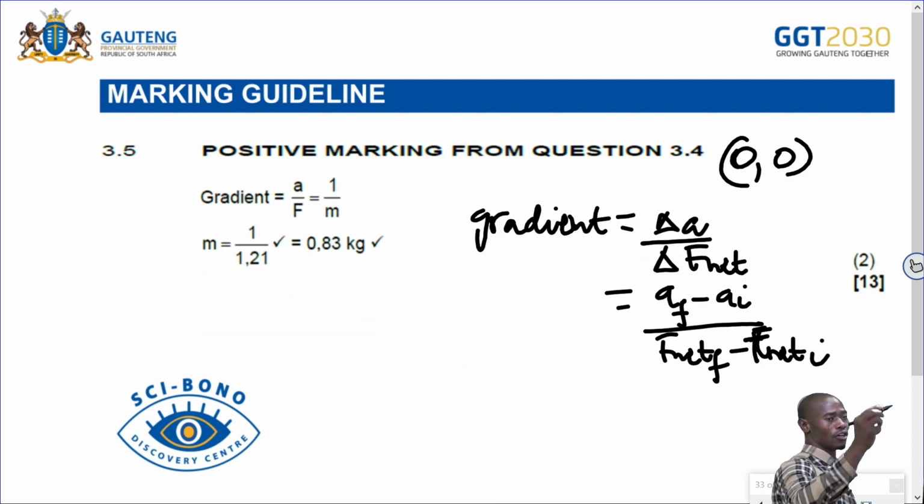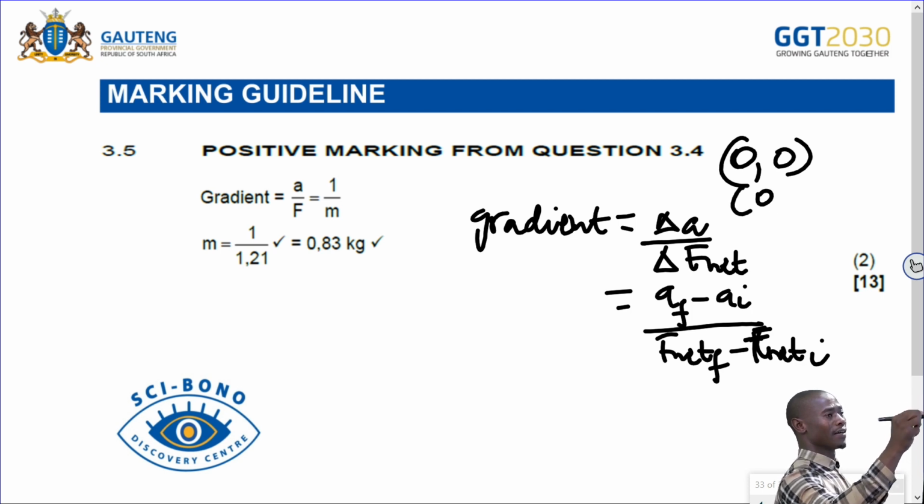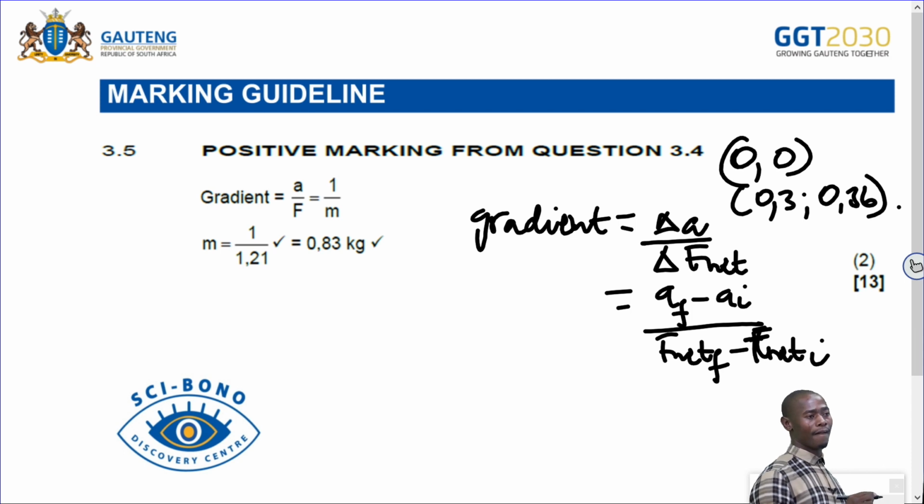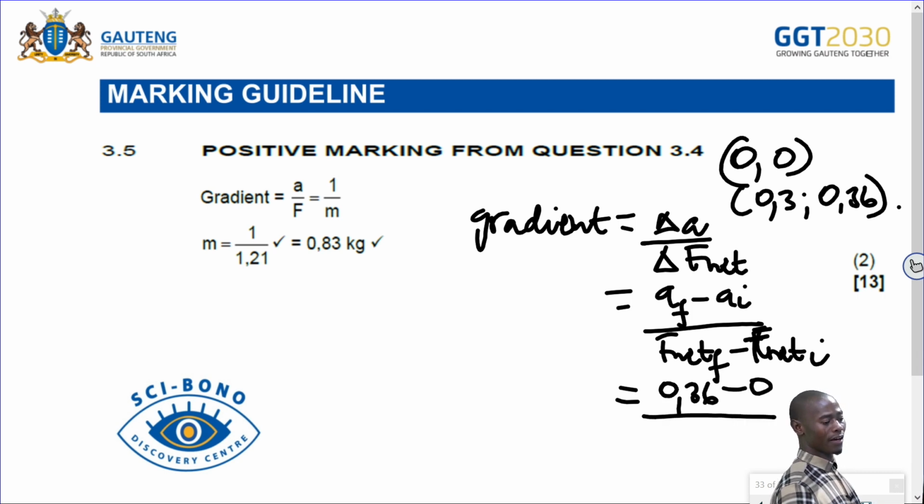So you use those 2 points. The a final will be 0.36, initial is 0. And then F net final is 0.3, initial is 0. Then you'll get your answer.